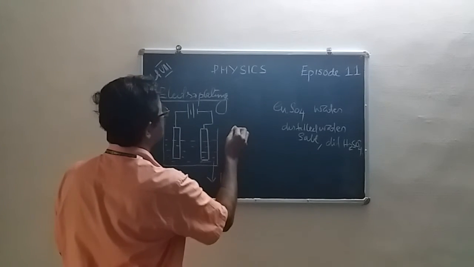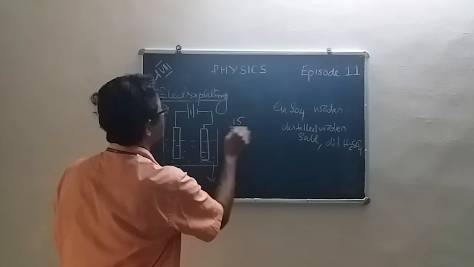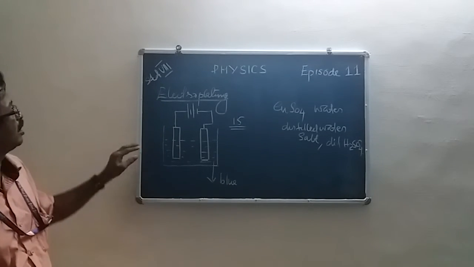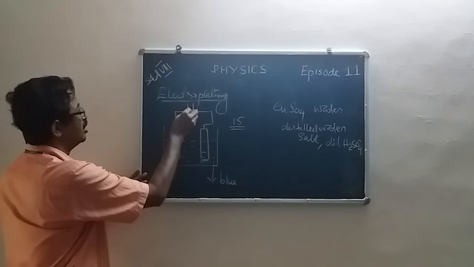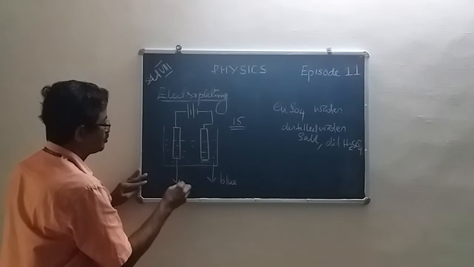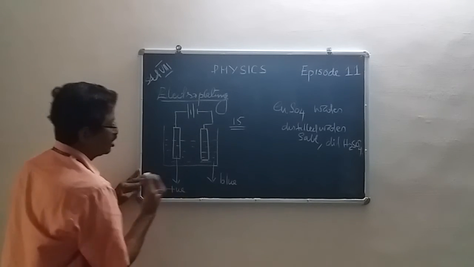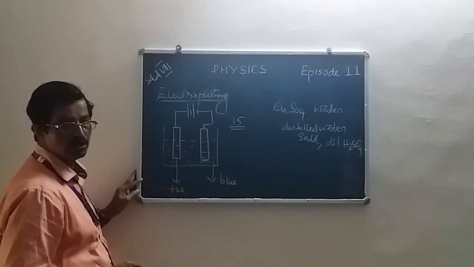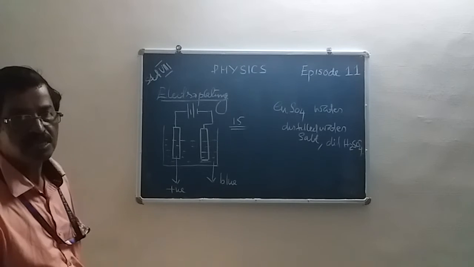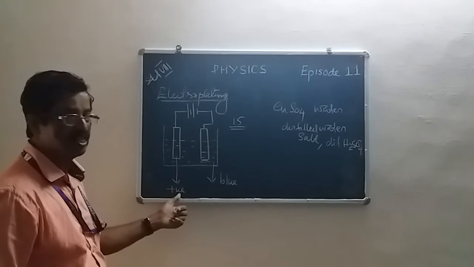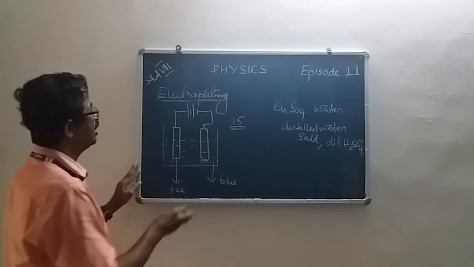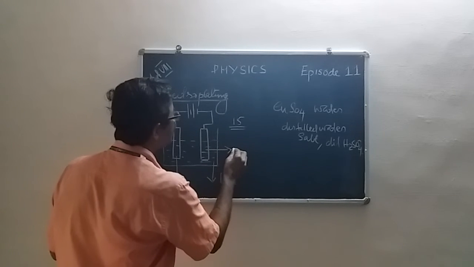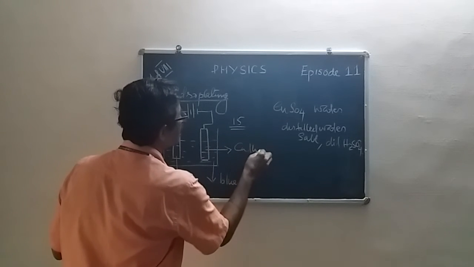After 15 or 20 minutes, when you take out the electrodes, the one connected to positive is the positive electrode, which is called the anode. And the electrode connected to negative is called the cathode.